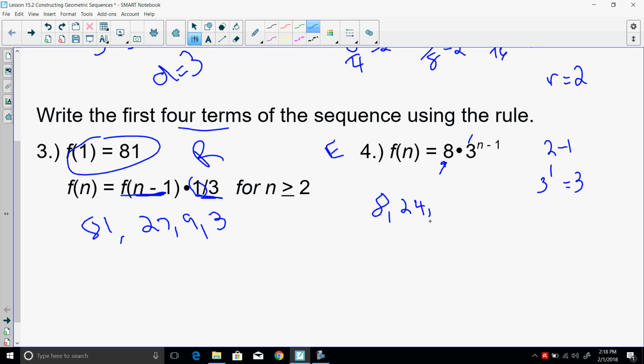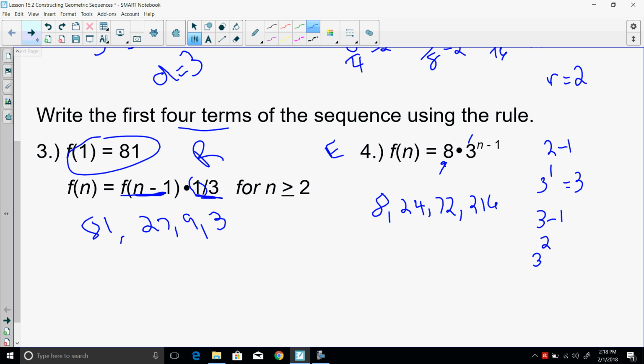Then I'm doing the same thing again. Now I'm finding the 3 minus 1 power. 3 minus 1 is 2, so I take 3 to the second power, which is 9, and 9 times 8 is 72. If I do the same thing one more time, I get 216. All right, so that's how I come up with my sequences for 3 and 4.